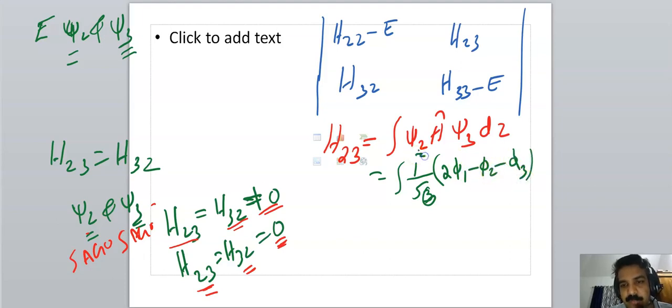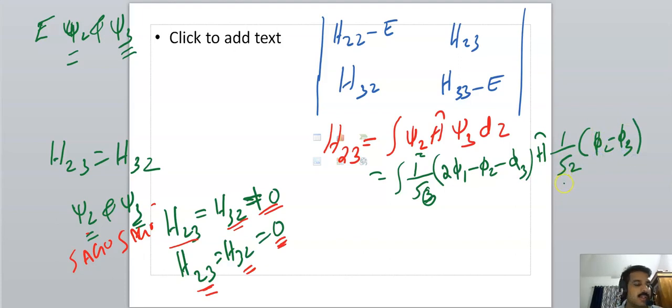That is psi 2. H cap, then psi 3: what is psi 3? 1 by root 2 into (phi 2 minus phi 3). That is psi 3 d tau. Calculate this. That is equal to 1 by root 6 into 1 by root 2, which we can write as 1 by root 12.